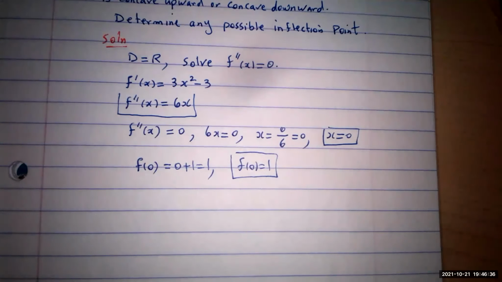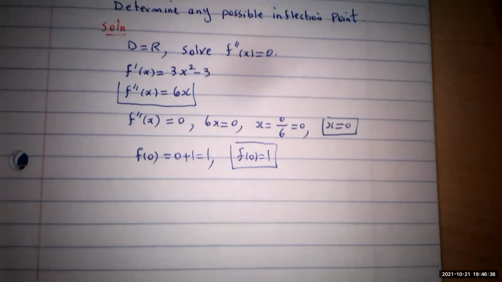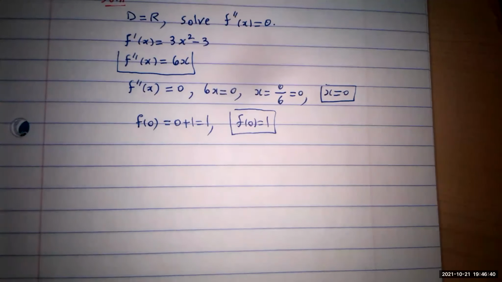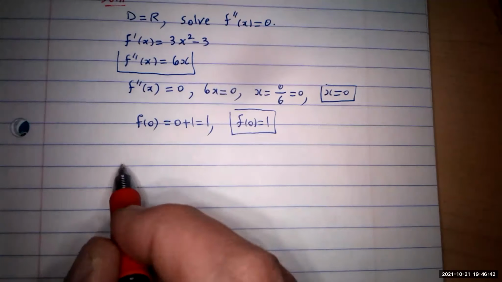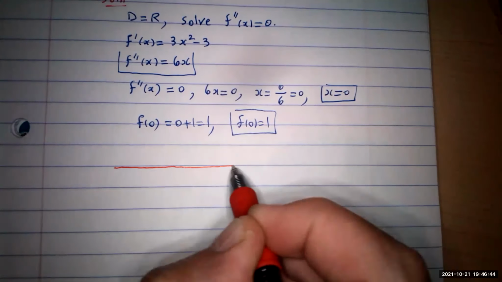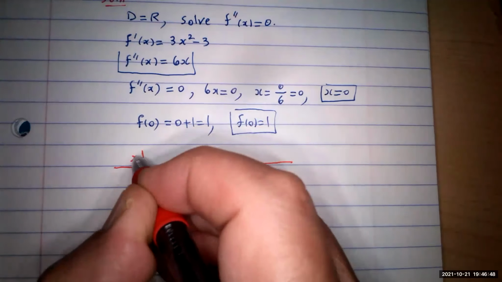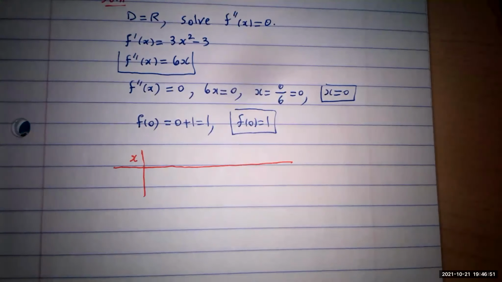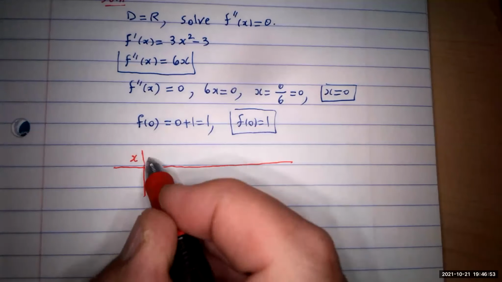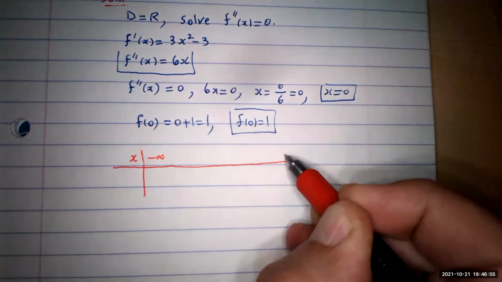So we need a chart, an f double prime chart, to tell us where the function is concave upward or downward. The first part is x, just the number line, from negative infinity to positive infinity.